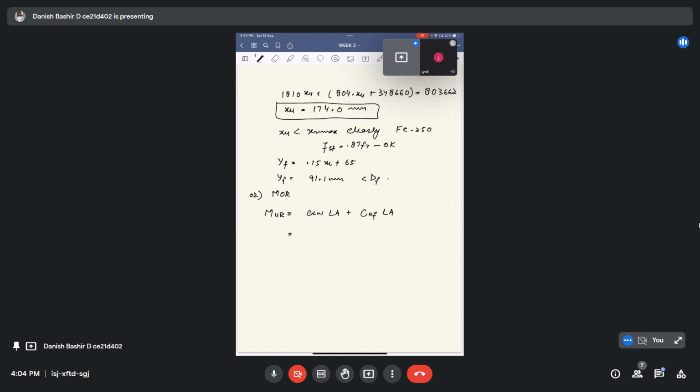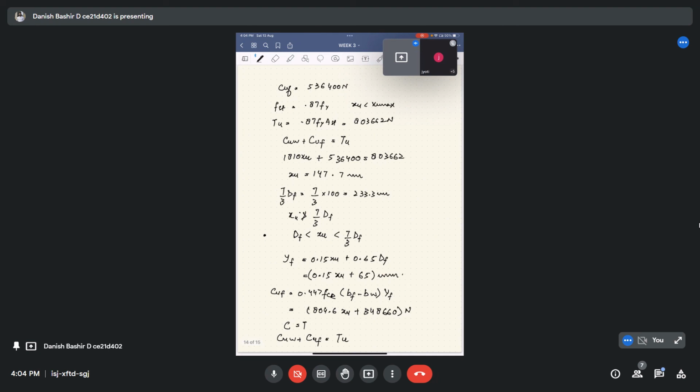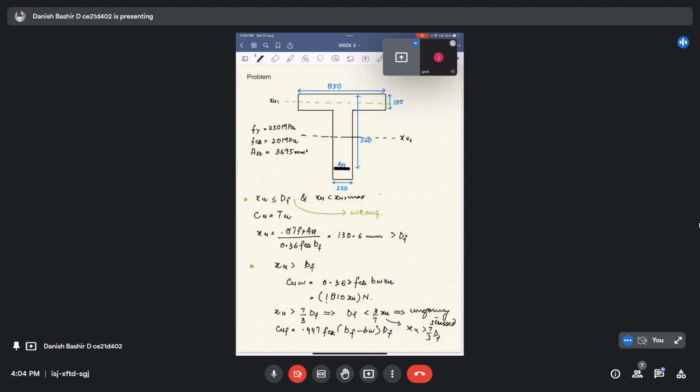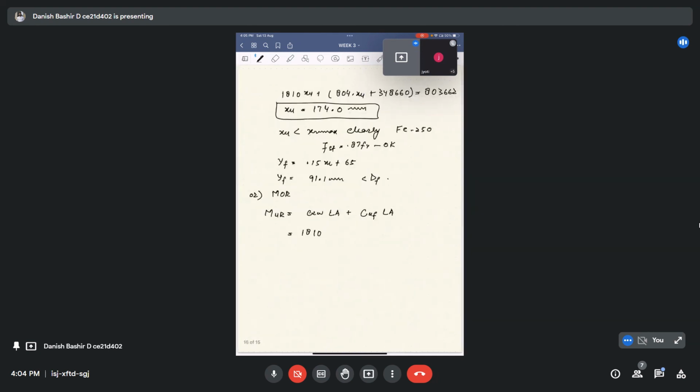We already calculated CUW as 1810 times XU. We will substitute the same value: 1810 times 174 times the lever arm, effective depth D minus 0.416 XU, which is 520 minus 0.416 times 174.